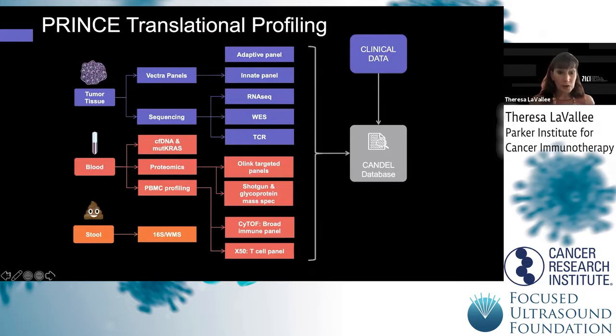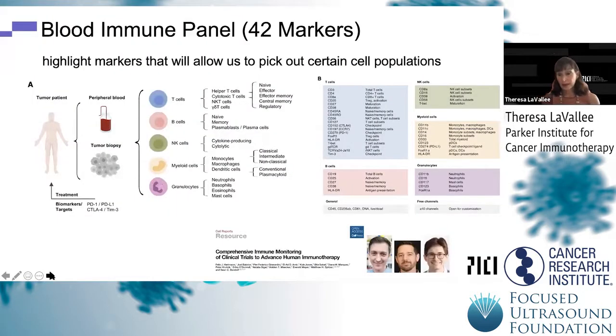And so I'll show you some of the data that's been presented, but first to really think about, as we look at these minimally invasive biomarkers or tumor-based biomarkers, is the broad profiling. So in order to really understand and learn in a science-driven way, we'd have to have both hypotheses going in and directed panels.